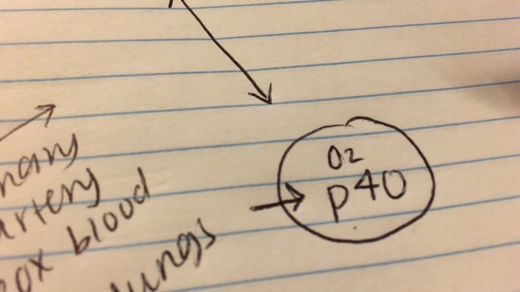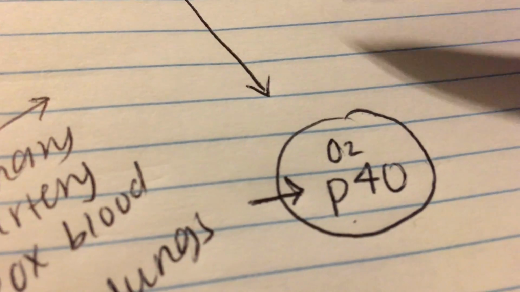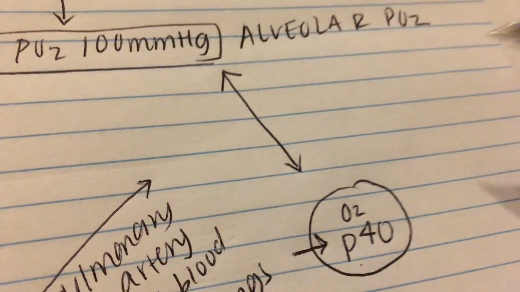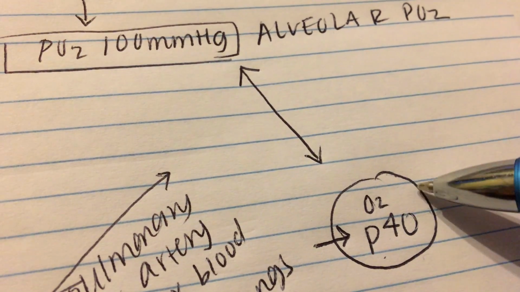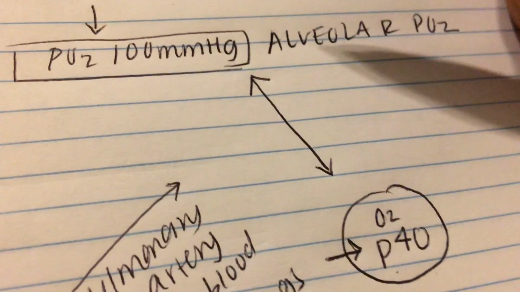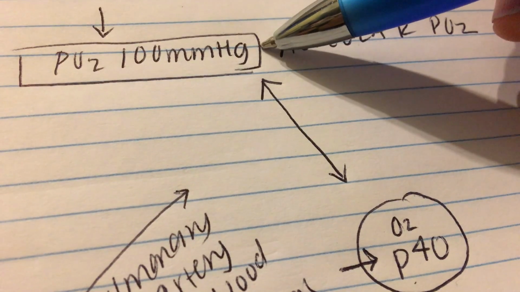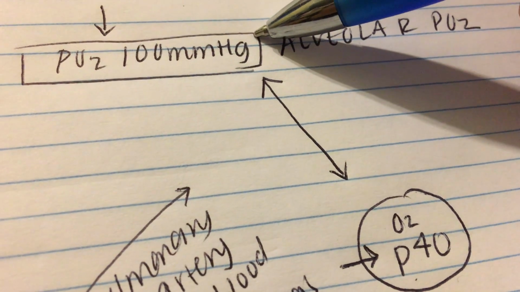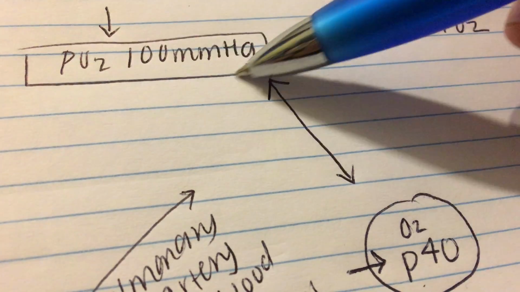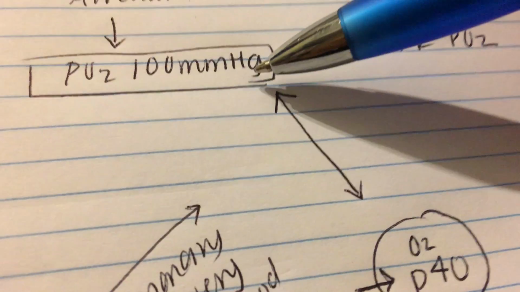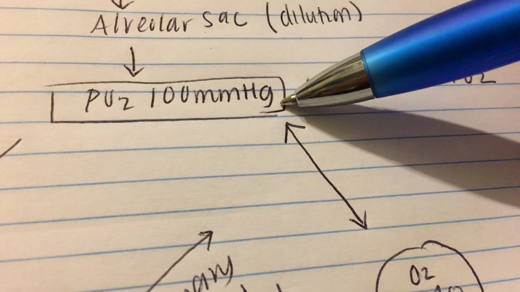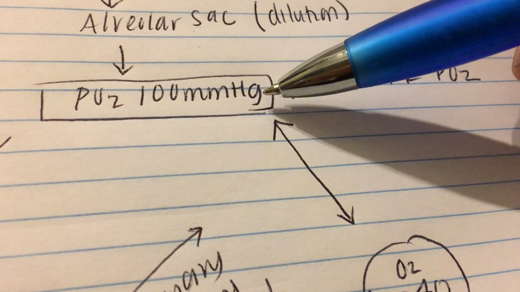Understand that concept. Okay? So what happens is at the alveolar sacs, red blood cells enter with a partial pressure of 40, and then passive diffusion happens because there's a higher pressure here, so the pressure gradient goes down. It's kind of like the way that water diffusion goes. It goes from an area of higher concentration to lower concentration.